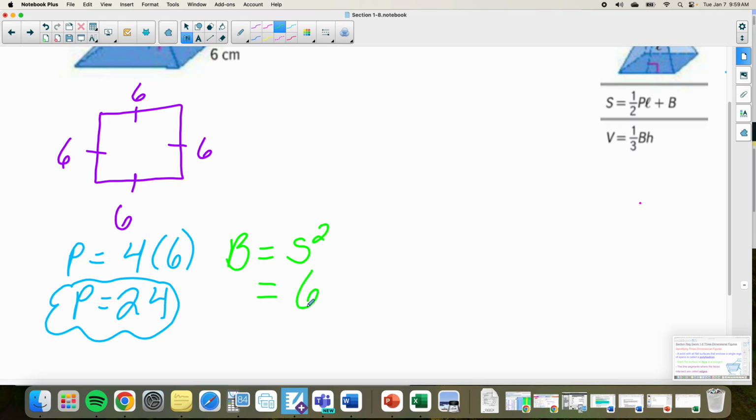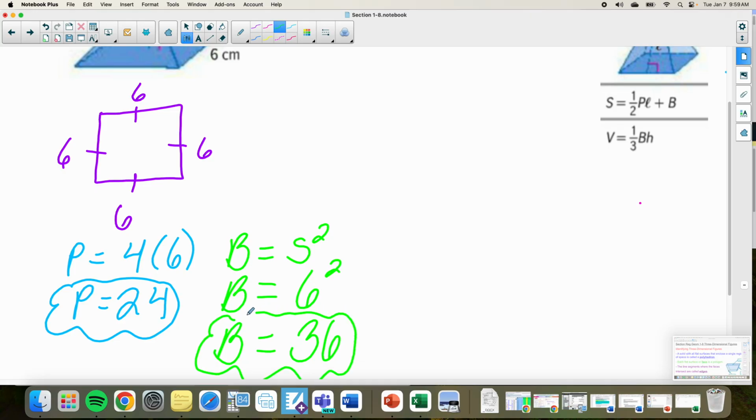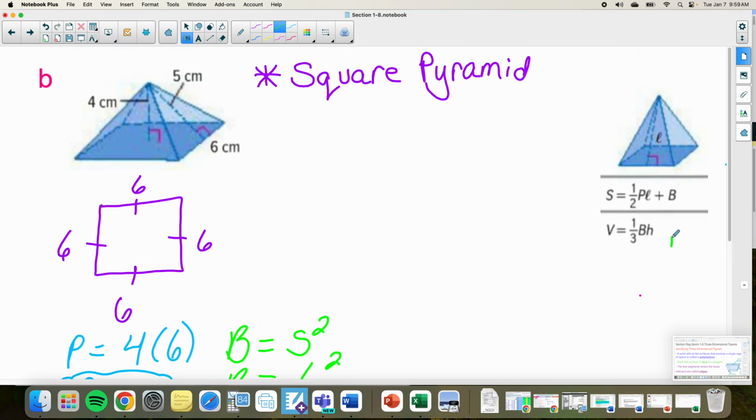So this would be 6 squared, and 6 squared would be 6 times 6, which is 36, and that is our capital B, okay? Now that I know those 2, I can go ahead and start figuring out my surface area.